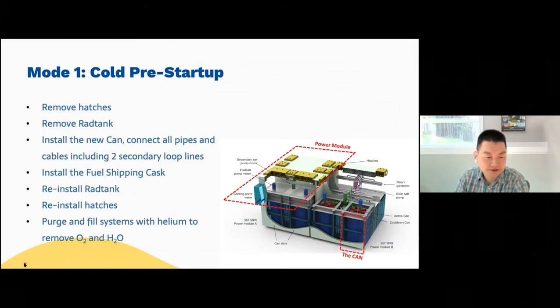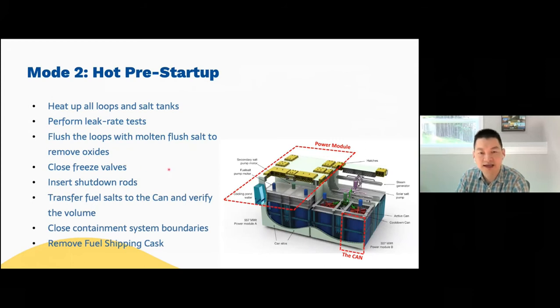Once we've done this, of course, we have to do a lot of testing and checks to make sure that everything is okay. Once we make sure everything's okay at room temperature, we can start to heat up the system. So then we're entering mode 2, which we call hot pre-startup.